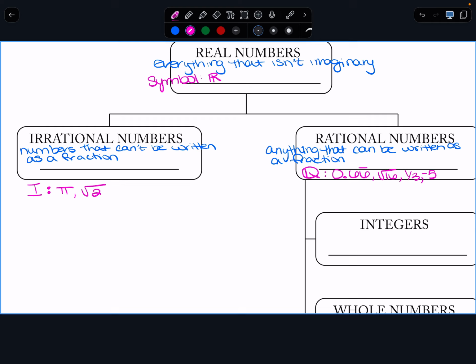So, examples: pi, root 2, a negative square root of 15. I cannot get a negative underneath the root, but I can have a negative in front of the root. I did this on purpose because people got confused during first period about that negative, so I changed it for you guys.